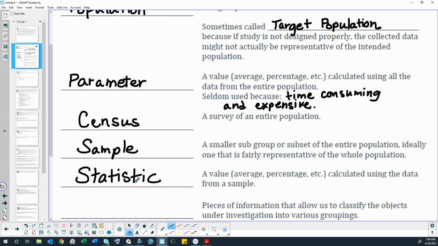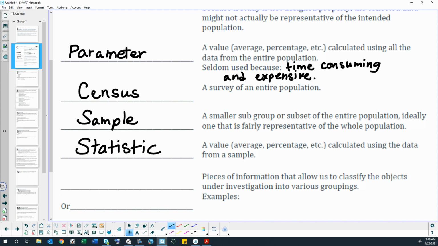And then pieces of information can be grouped in two different ways. Pieces of information that allow us to classify the objects under investigation into various groupings are known as categorical data, or sometimes we can call that qualitative. So either word means the same thing.